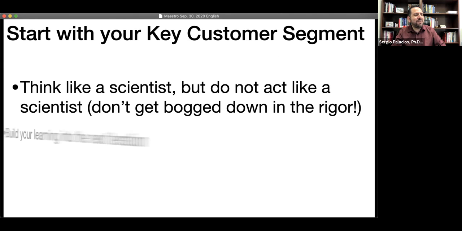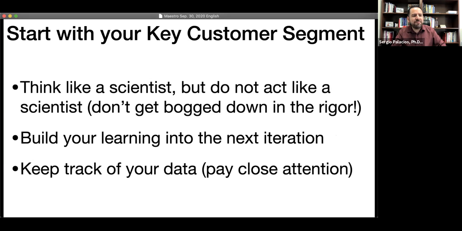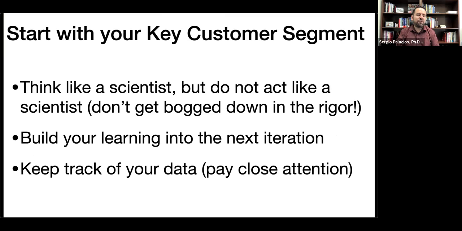Here is another one. Think like a scientist, but it's not about the details. It's about iterating and keeping track of data. So for instance, if I was an entrepreneur launching a new food product, I would interview customers before building prototypes, to understand what they are looking for and what problems they have right now, really understand a customer segment.